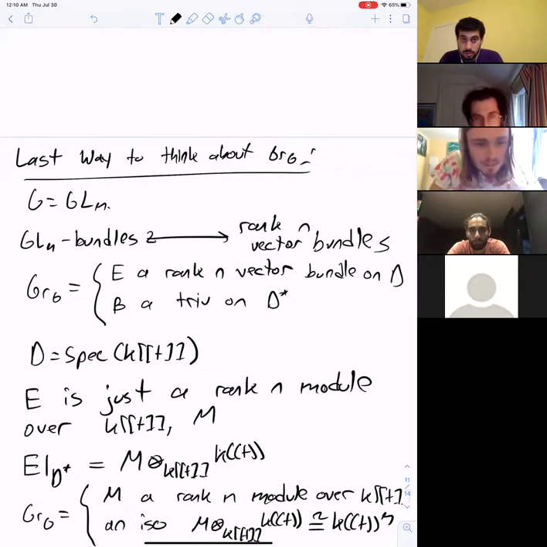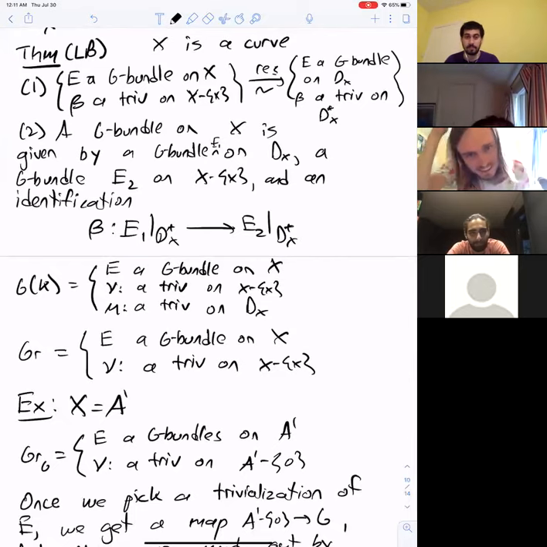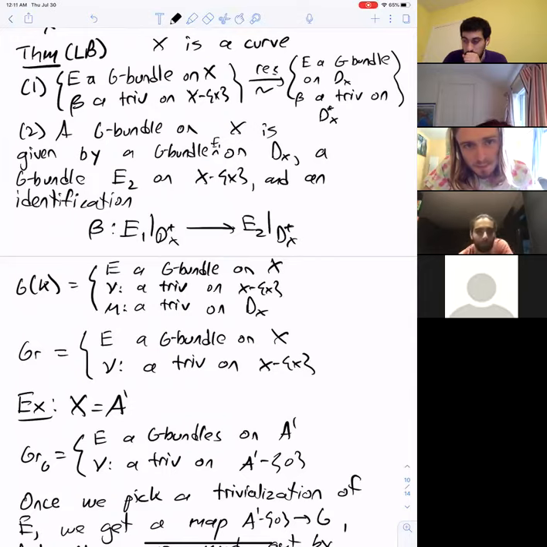Can I just keep belaboring this Beauville-Laszlo thing? Yeah, sure, definitely. So say X is P1 and G is Gm, and if E is the trivial bundle, then a trivialization is like a section.